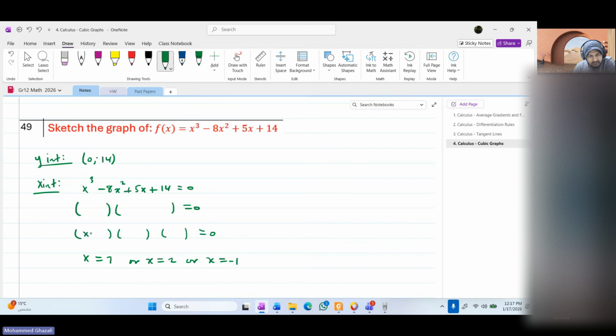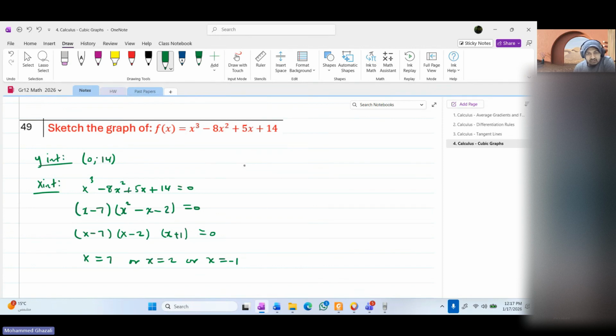So bring it over: x minus 7, x minus 2, x plus 1. Open this up and we get x squared minus x minus 2. Right, so that's my x-intercept and y-intercept.